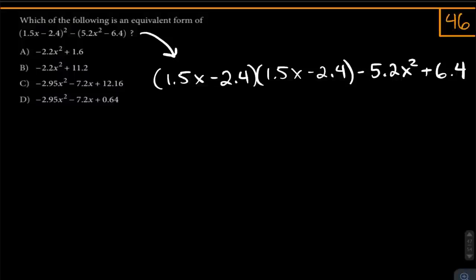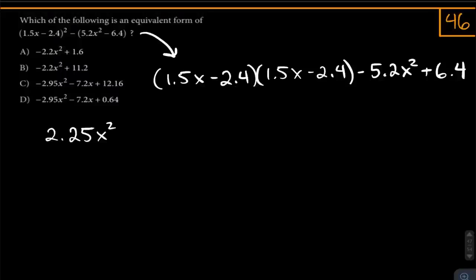Again, this is the slower way to do things. If we multiply 1.5 by itself, we're going to get 2.25, and this is going to give us an x squared. If we multiply the negative 2.4 by the 1.5, we're going to get negative 3.6, and we're going to get two of those, right? We're going to get that one, and we're going to get that one, right?